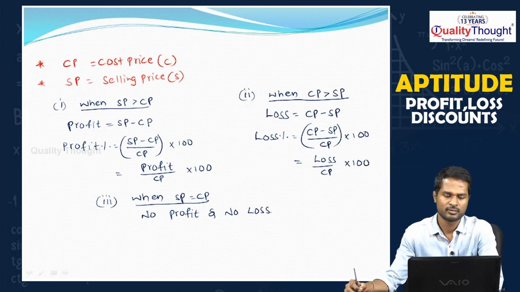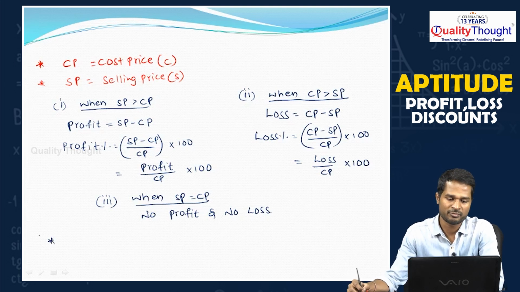Check that everywhere we used the cost price as the base value in calculating profit percentage and loss percentage. Profit percentage uses the cost price as the base value, and loss percentage also uses the cost price as the base value. Now, we will write that as a note. Everywhere, profit by cost price into 100 is profit percentage, and loss by cost price into 100 is loss percentage.